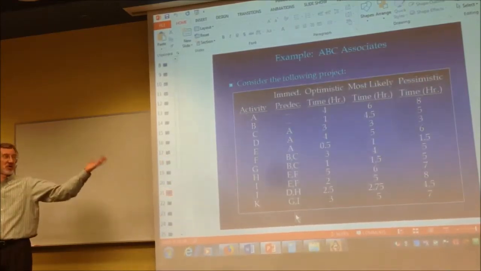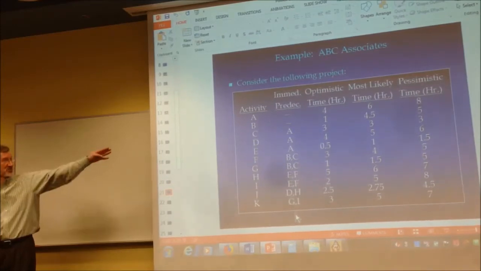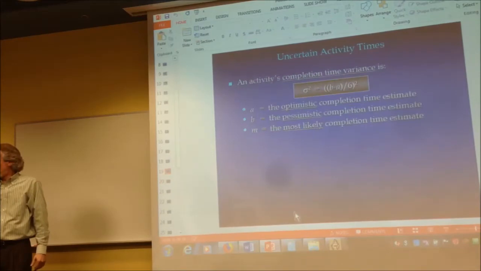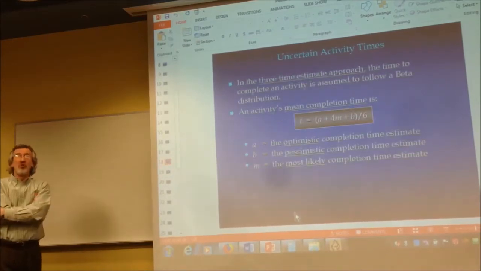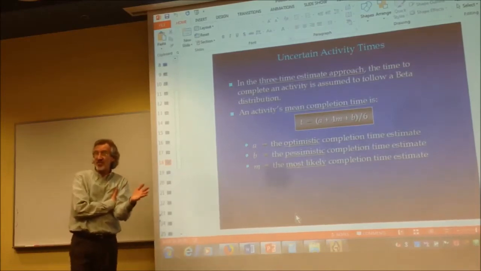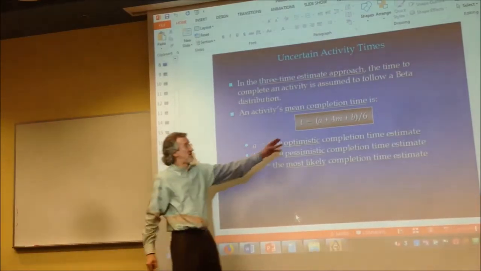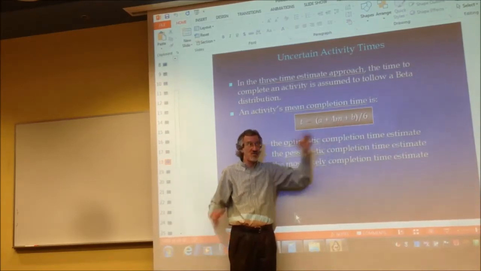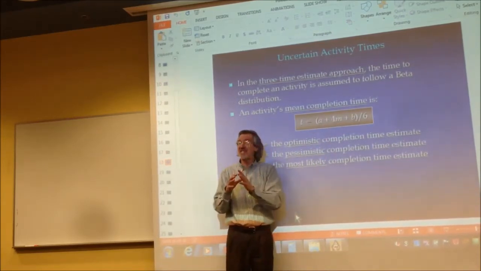You break it down to 3 possible times for every activity like this. And then here's the formula for what you do when you get done with those meetings, trying to figure out how much time each activity would take. You take each of the times, and you use this calculation, and you use that as what's called the expected time.